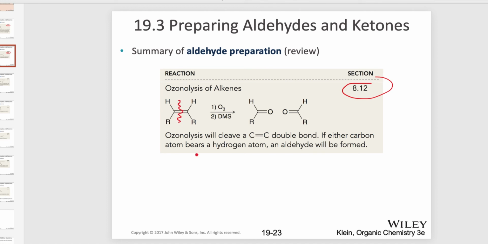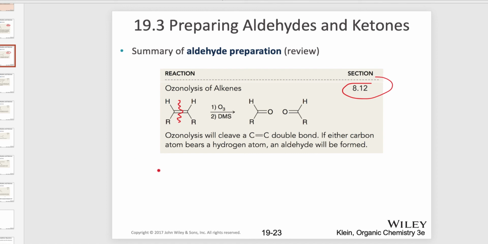This double bond will fall apart. One molecule gives rise to two molecules. The first step is an oxidation. You add oxygen. The second step is a reduction step, DMS, dimethyl sulfide, which will turn into DMSO, dimethyl sulfoxide, and out comes two carbonyl groups.